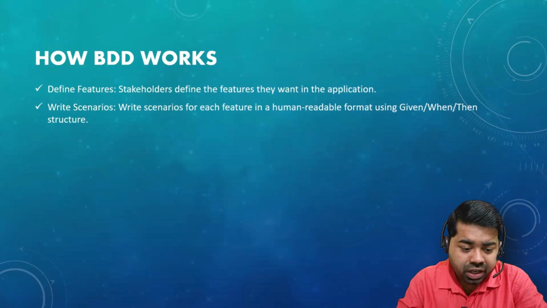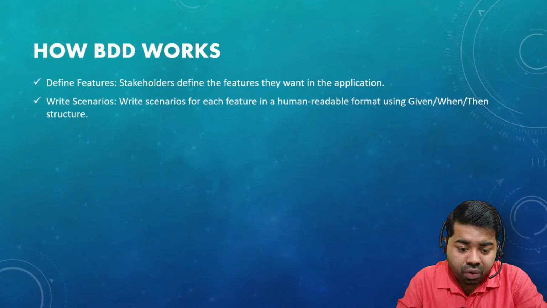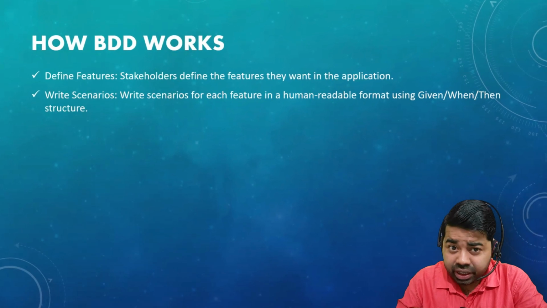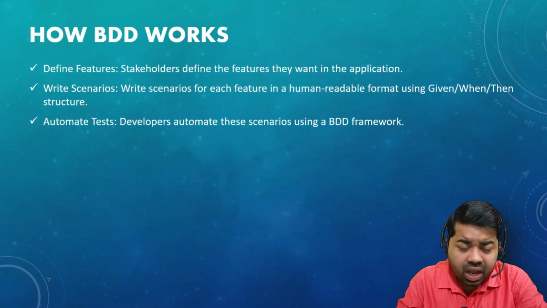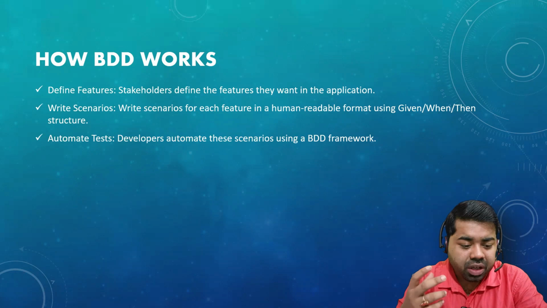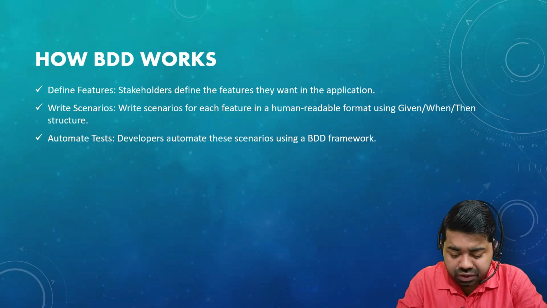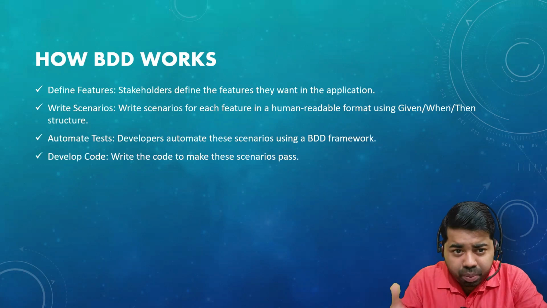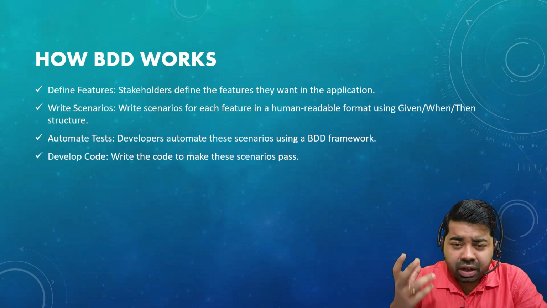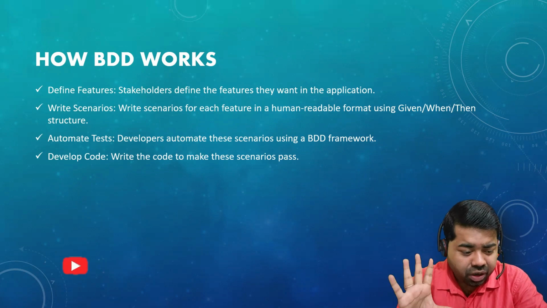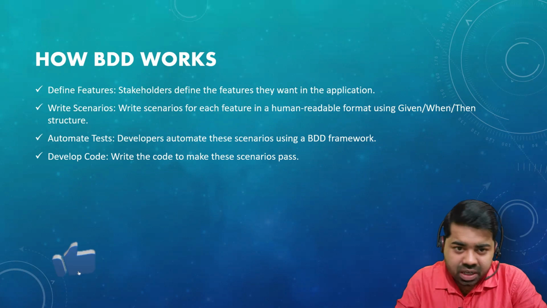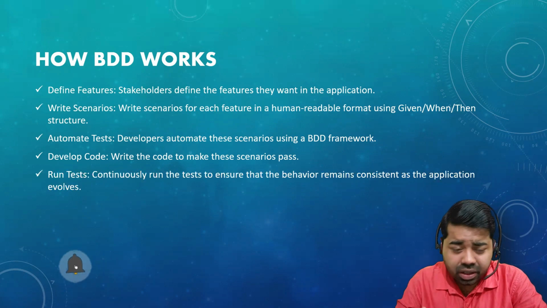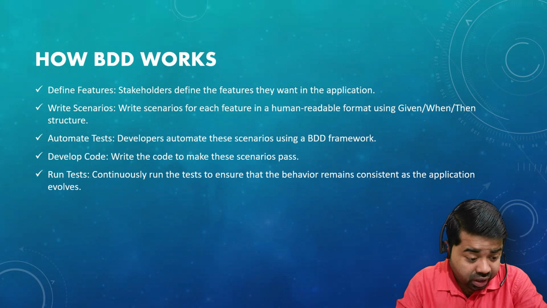How does BDD work? The stakeholder defines the features they want in the application. Then we write the scenarios using Given, When, Then in the feature file. Then we can automate: we create a step definition, create methods, and call those methods in the test runner class.